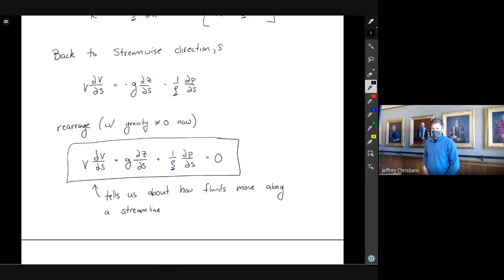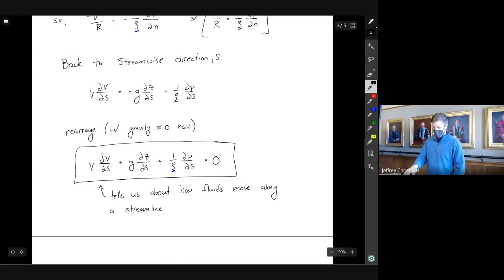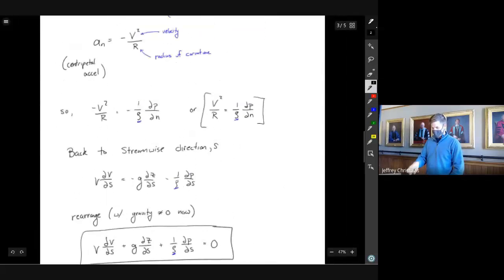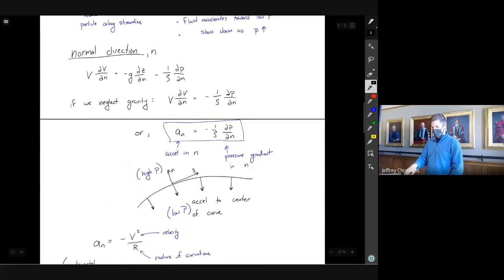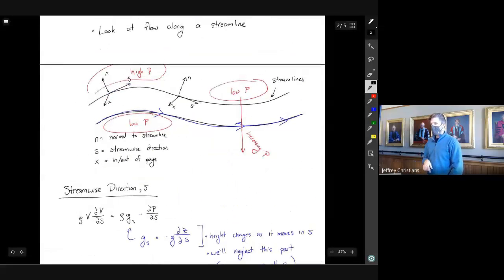So hopefully this gives you some idea of the type of information that we can get about velocities and pressure just from looking at streamlines, especially when you combine this with other things that we know about them, like the stream function.